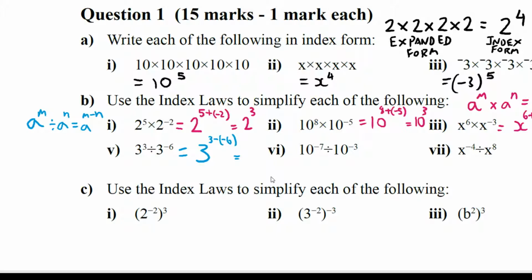If you take a negative number, it becomes a positive, but as a plus. So 3 plus 6, so that gives us 3 to the power of 9.